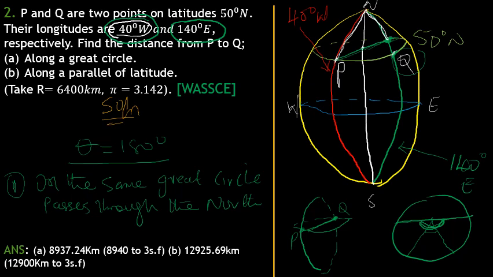Okay, so the second implication is that your beta will be 180 minus 2 times the latitude, whatever the latitude is. Use this formula to get your beta. Or I can do this. Let me show you another way.